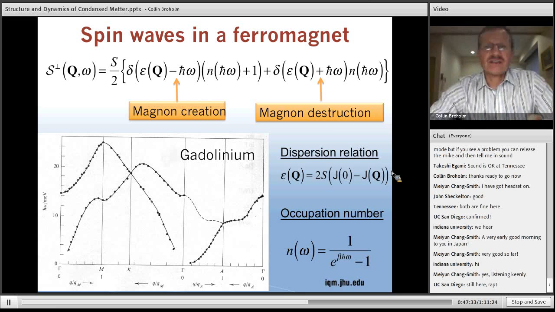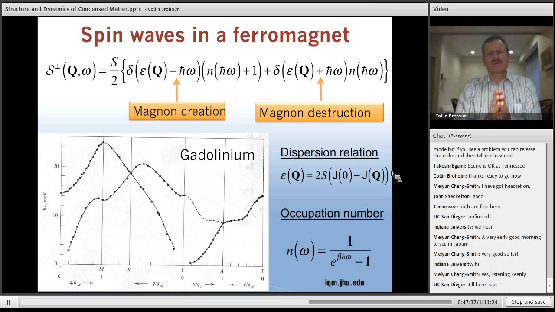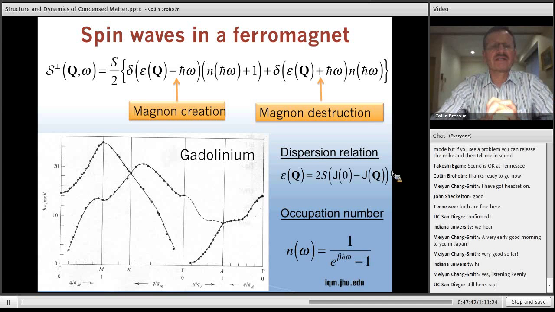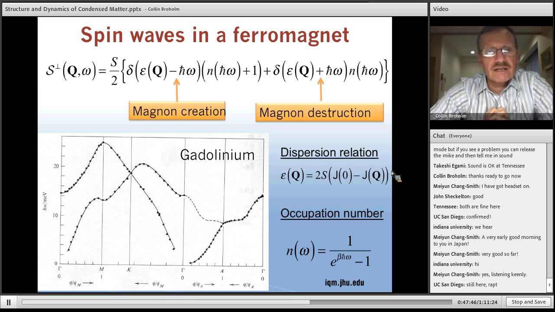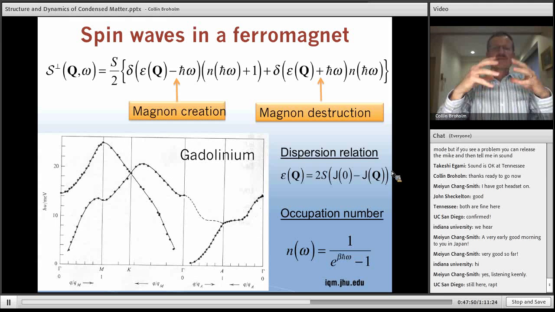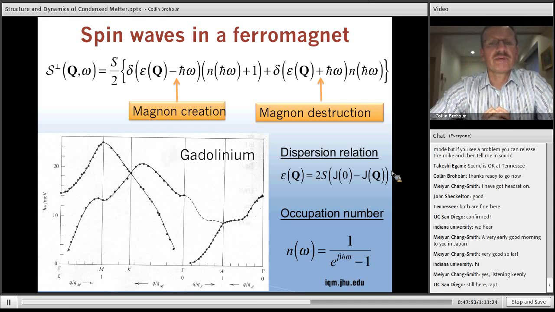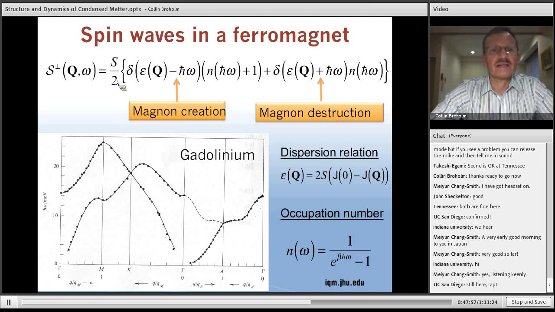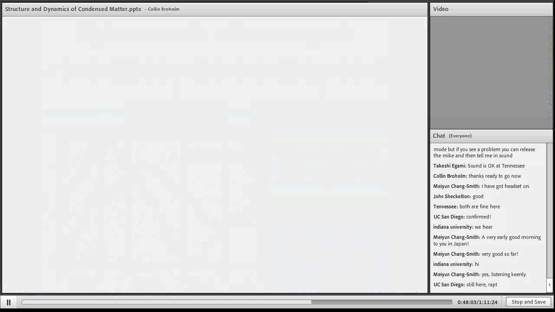And so it turns out that the wave vector dependence of the first moment of inelastic scattering for a ferromagnet is equal to E of Q. And that means that the equal time correlation function ends up being simply a constant. And that's why in this expression you see that there's no wave vector dependence to the prefactor in the case of a ferromagnet. So, good.